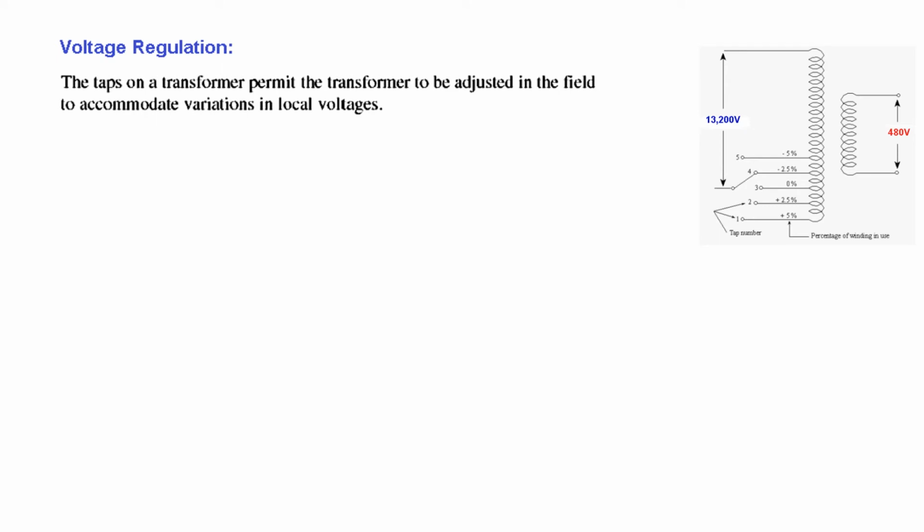Okay, now let's discuss voltage regulation. The taps on the transformer permit the transformer to be adjusted in the field to accommodate variation in the local voltage. As we have just discussed, by adjusting the movable arm to various positions, we can adjust the voltages, in this case the input voltages.